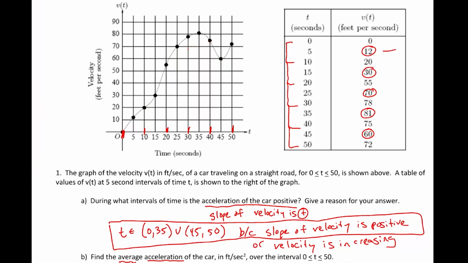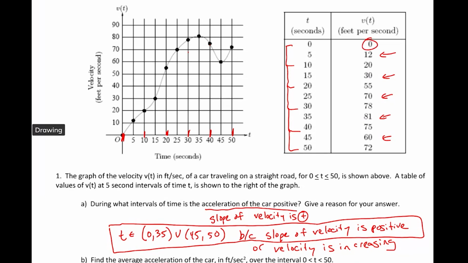But instead of using these midpoints over here, we're going to use the left-hand partition of each interval. So I'm not going to use these. Instead, I'm going to use these. So 0, 10, 20, 30, and 40 as the heights of each rectangle.